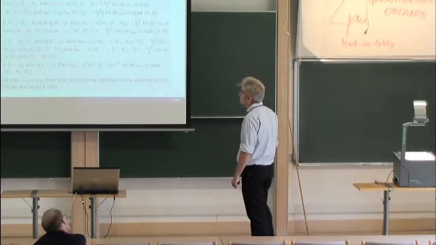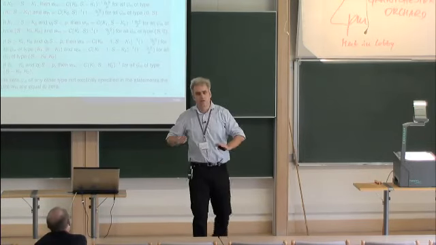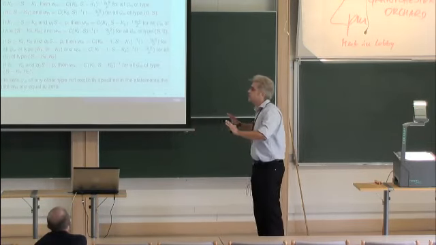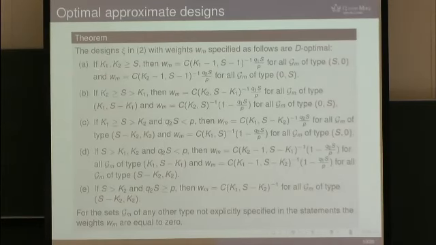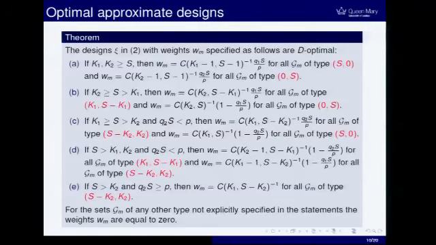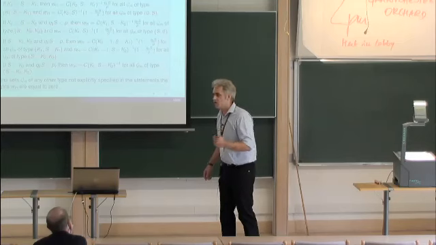So that looks pretty daunting. I'm not going to try to go into any details about that, but what is important about this result is that depending on how many factors in the two groups we have and how those numbers are related to the profile strengths, in total we need to distinguish here 5 cases. In all 5 cases there's a different optimal approximate design. Now the important thing is, however, that in each of the cases our designs use at most 2 different types of pairs.